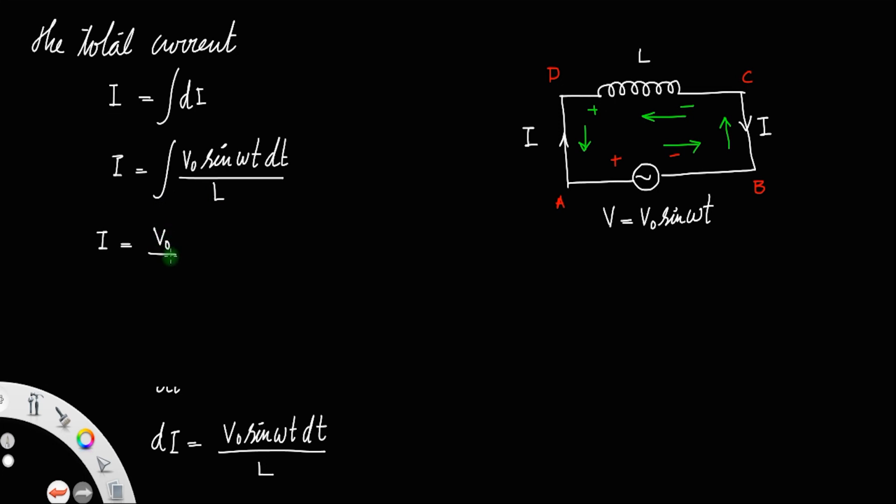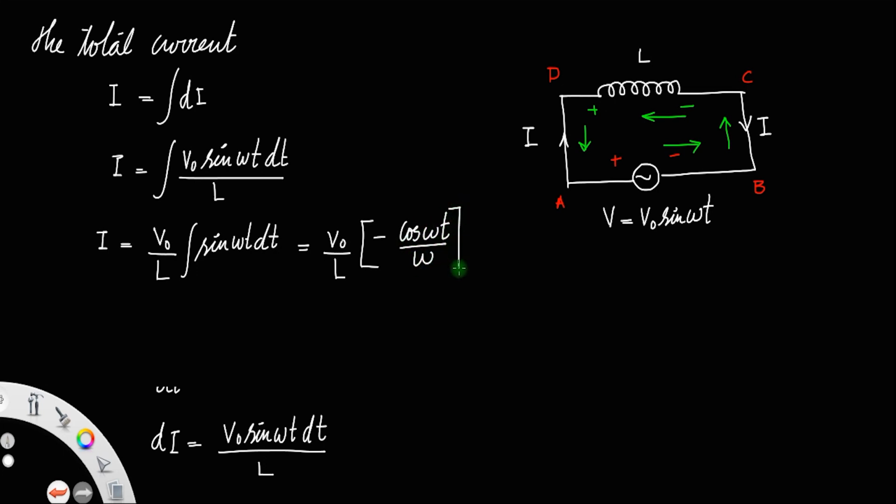So you can take that out of the integral sign. Integral sine omega t dt, which is equal to V0 by L. You know the integral of sine is minus cos omega t by omega.